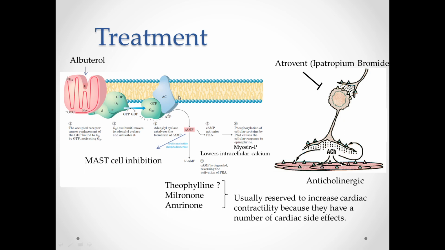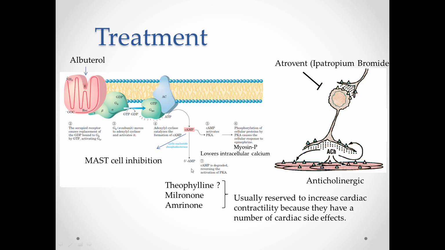So to increase cyclic AMP, you can give somebody a beta-2 agonist or some sort of adrenergic agonist like albuterol, which increases cyclic AMP production. Another way to maintain cyclic AMP is to prevent its breakdown, and that's what phosphodiesterase inhibitors do, because phosphodiesterase is the molecule that breaks down cyclic AMP into 5' AMP.